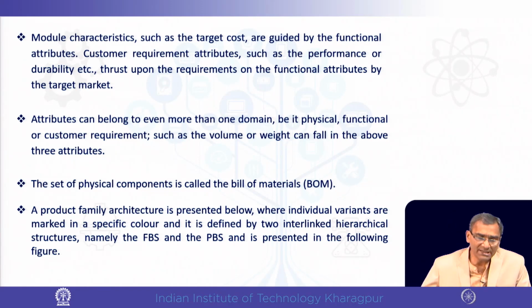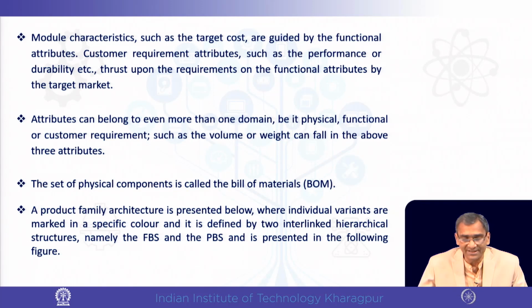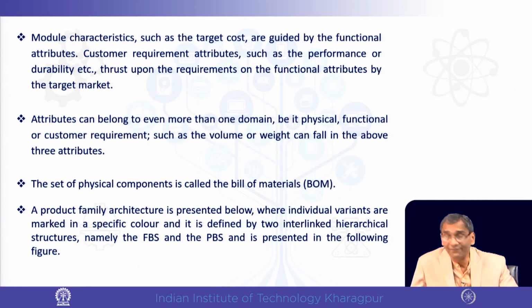A product family architecture is presented below, where individual variants are marked in a specific color, and it is defined by two interlinked hierarchical structures, namely FBS and PBS, the function breakdown structure and the physical breakdown structure, and is presented in the following figure.